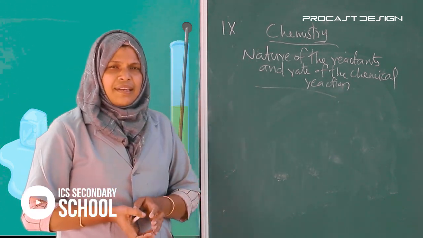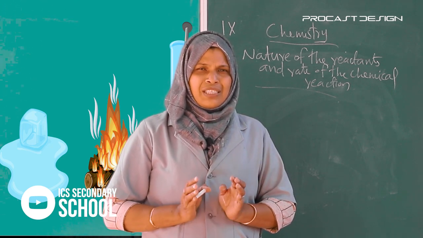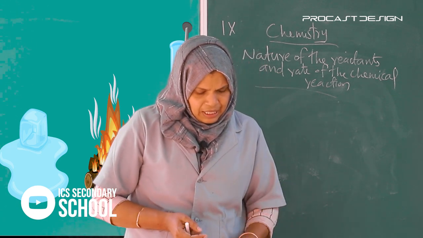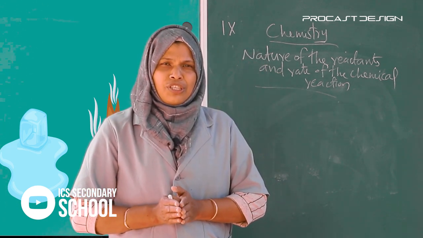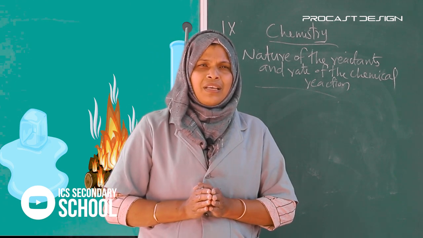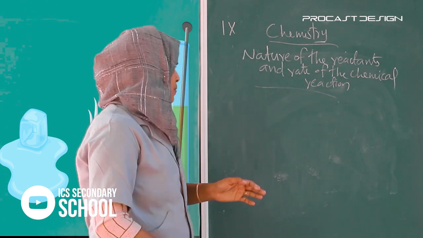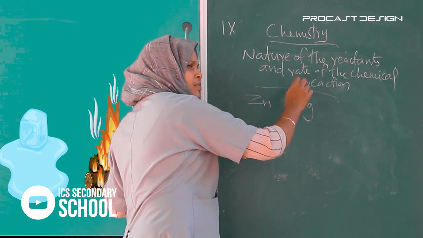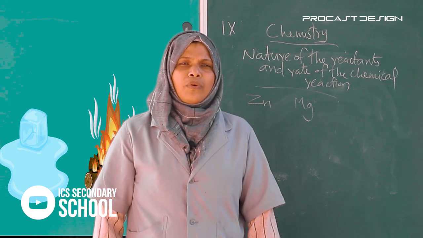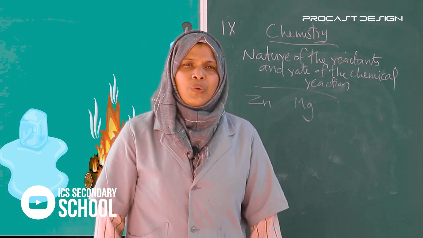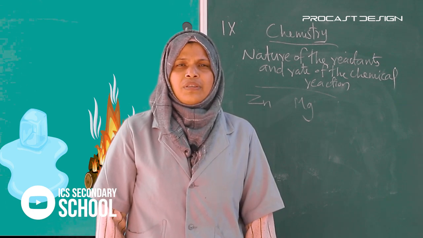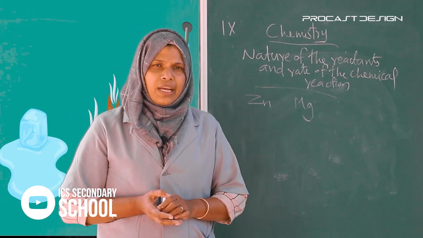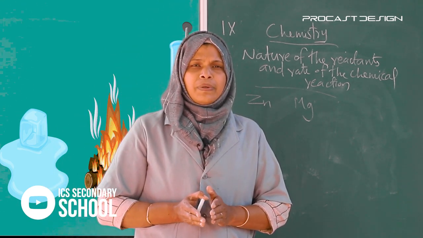Here is an activity or experiment for you in your textbook. Take a zinc piece and a magnesium piece. Then take an equal amount of dilute hydrochloric acid in 2 test tubes.